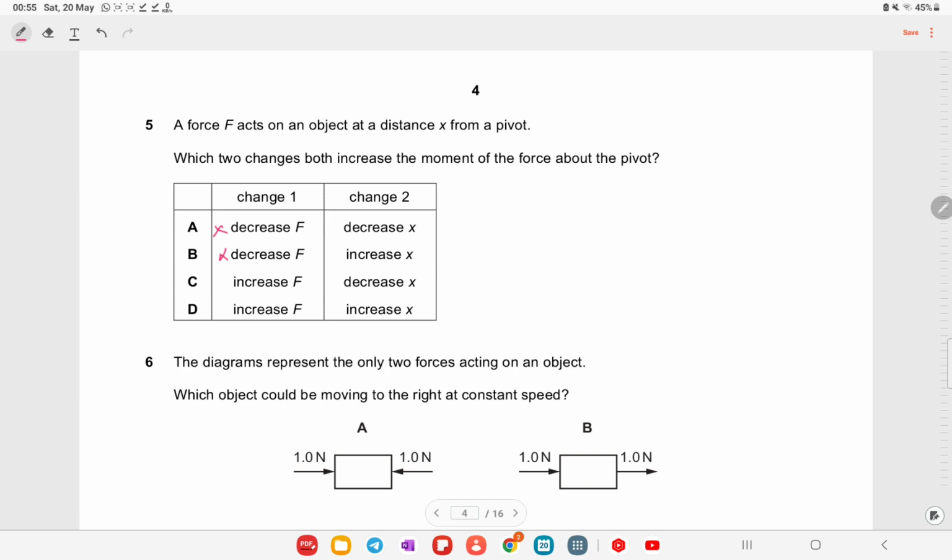So option D is going to be the right answer, because if you increase the force and the distance, the moment will be increased, because the formula of moment is F times D, or F times x as per the question.